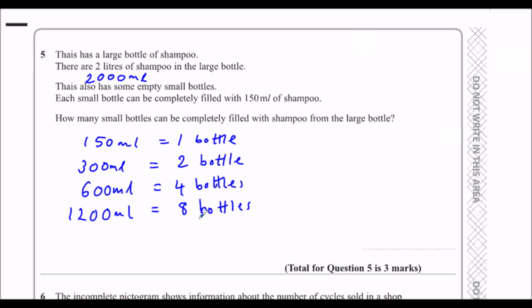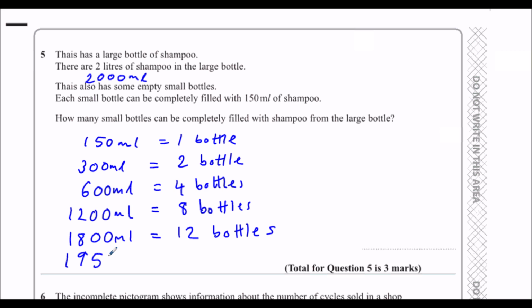Now I'm not going to double it again because that'll go over. I'm going to add on 4 bottles. If I do 8 bottles plus 4 bottles, 1,200 plus 600, so 1,800 is 12 bottles. Can I get another bottle filled? So I've filled 12 bottles with 1,800 millilitres. I can get another one in before I get to 2,000.